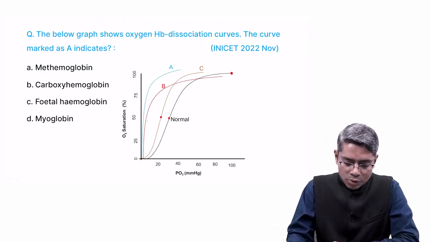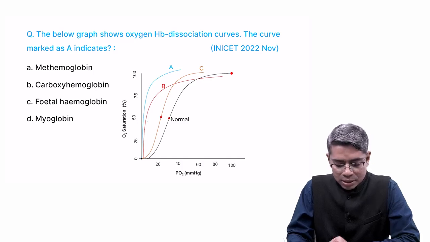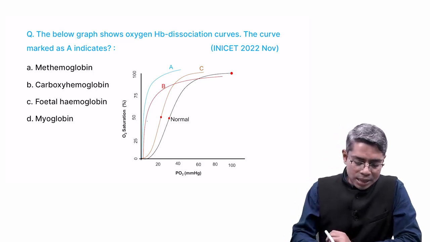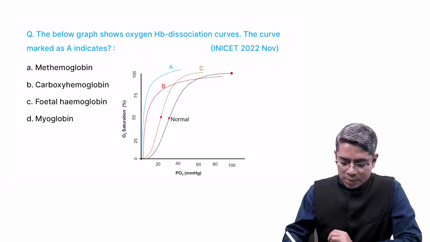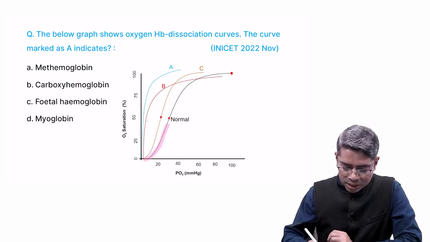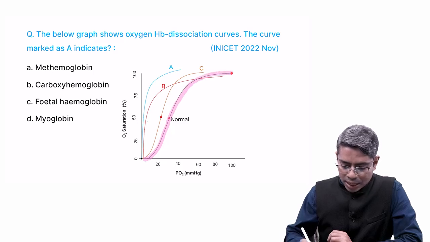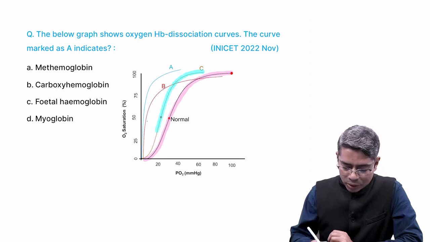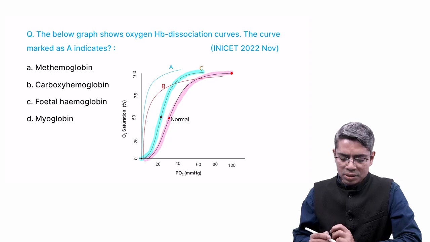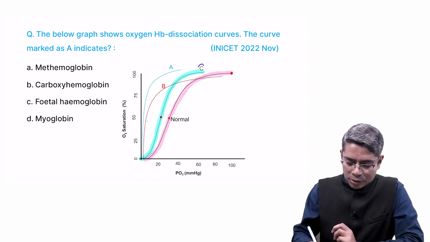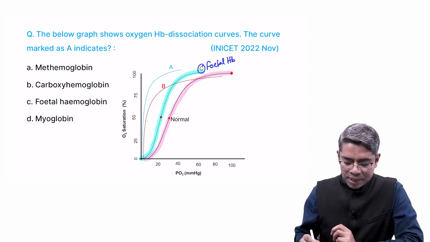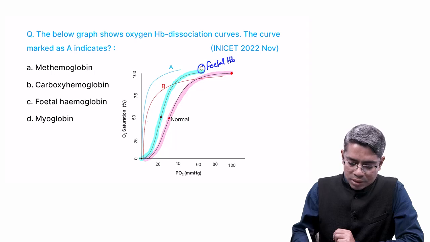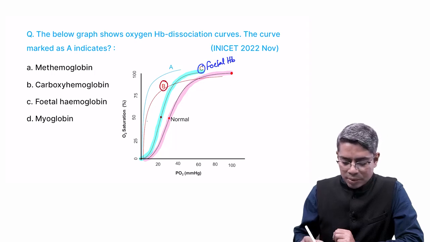The below graph shows oxygen hemoglobin dissociation curve, the curve marked with A. As you can find out here, I have shown this curve already, that this is the normal curve given in the question. So any curve which is situated on the left hand side of the curve but maintaining the normal shape of the curve is typical of the fetal hemoglobin. So this C is typical of fetal hemoglobin, right? And this B curve, I told you the shape of the curve is a rectangular hyperbolic kind of curve.